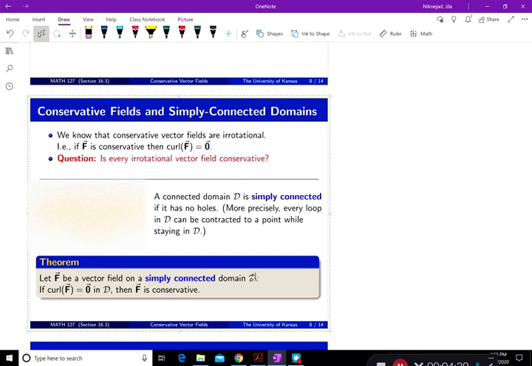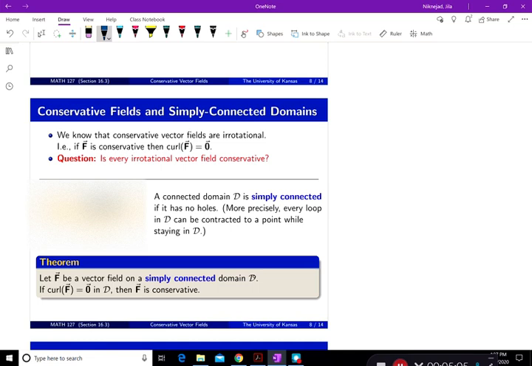So a connected domain is just when any 2 points can be connected within the domain. It is simply connected if it has no holes. More precisely, every loop in D can be contracted to a point while staying in D. So if I look at this loop in D, it does not contract to a point, because I press it, make it smaller, and there is a hole in there, so I cannot contract it.